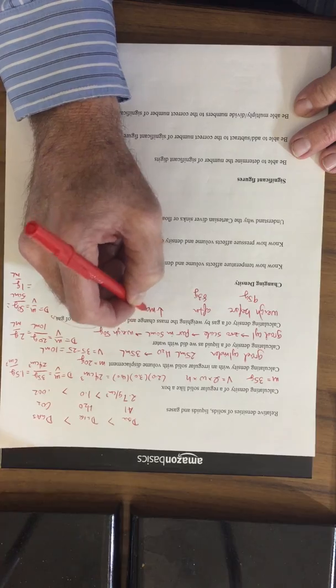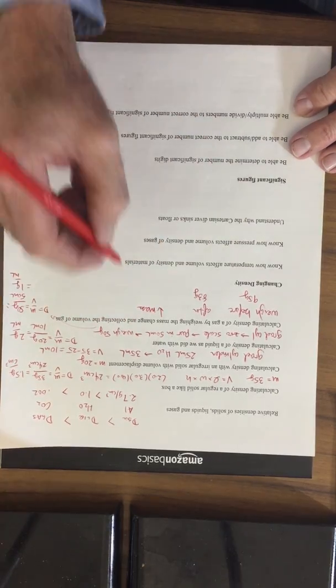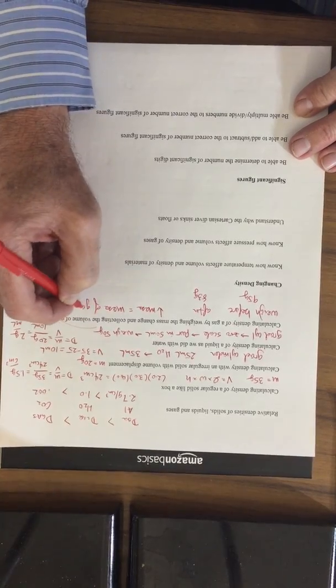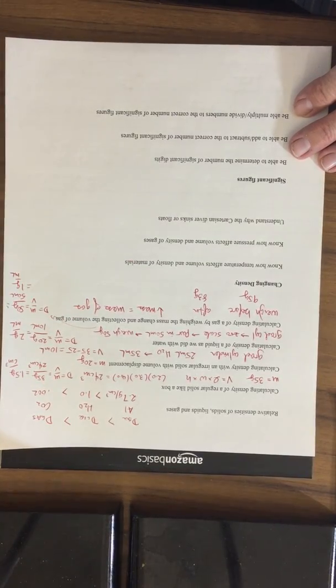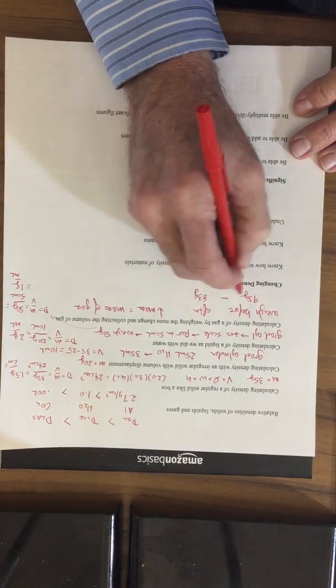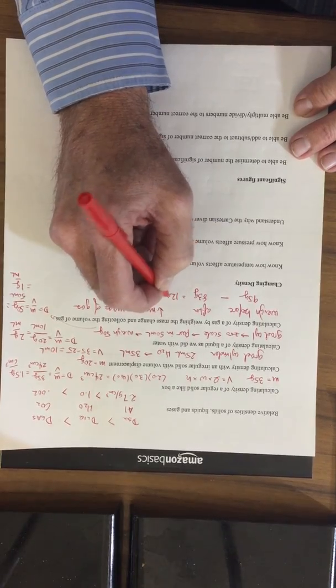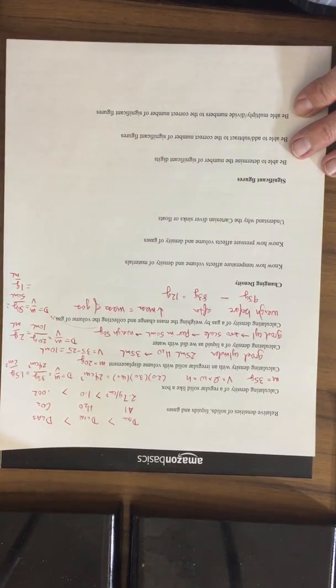So we decreased the mass, and that decrease in mass is going to be equal to the mass of the gas that escaped. So we take 95 minus the 83, which is going to be equal to 12 grams. That's the mass of the gas that escaped. Let's say that we did the volume of this.